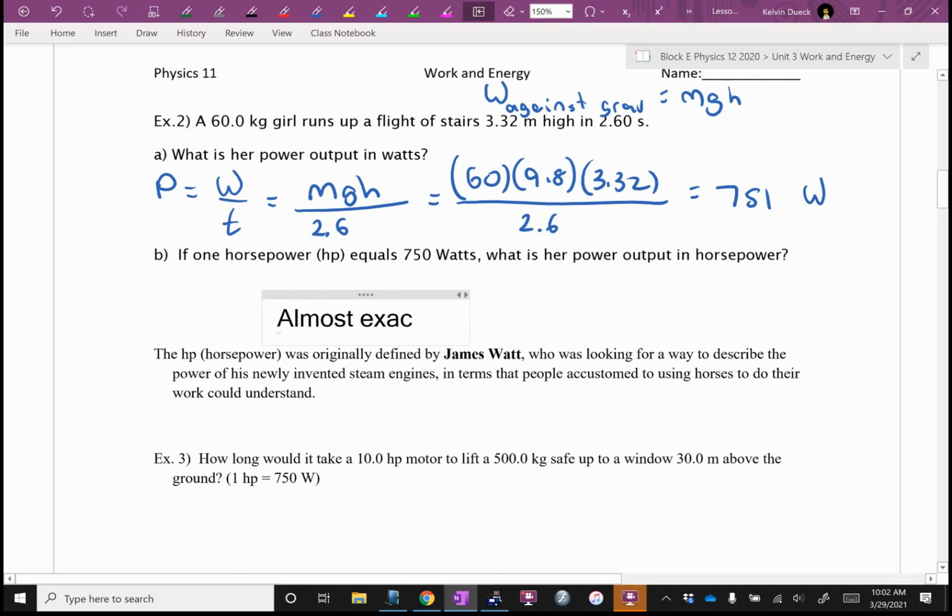Almost exactly 1 horsepower. The stairs here, back here, are right around 3.3 meters high. So if you ran those in about 2.5 seconds, fast, but not crazy fast, you're putting out about 1 horsepower if your mass is around 60, and most of you have a mass around 60-ish, give or take.